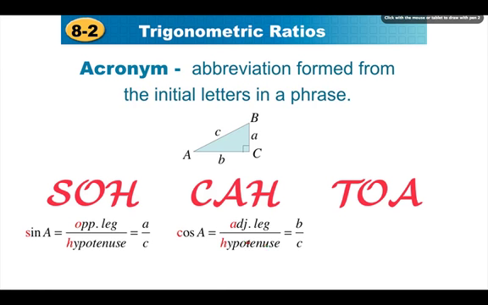And if you compute cosine of angle A in this right triangle, it is adjacent leg, which is here, over the hypotenuse. And TOA stands for tangent opposite leg over adjacent leg. So if you compute tangent of angle A, the opposite leg to angle A is A, the adjacent leg is B. That's what we have.